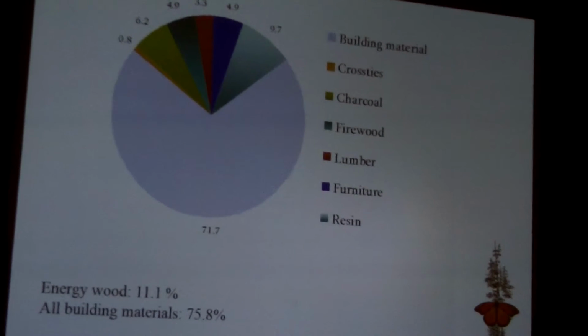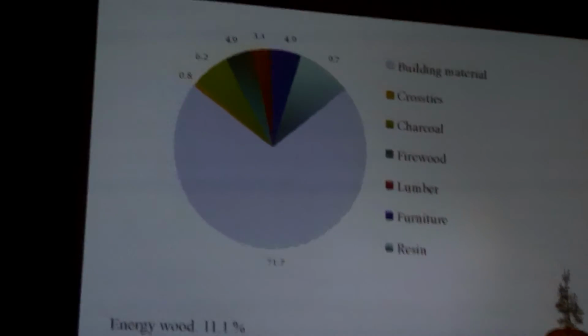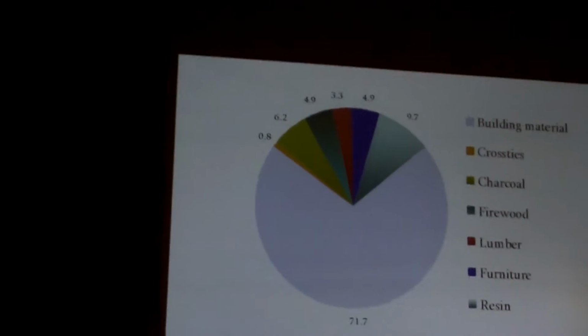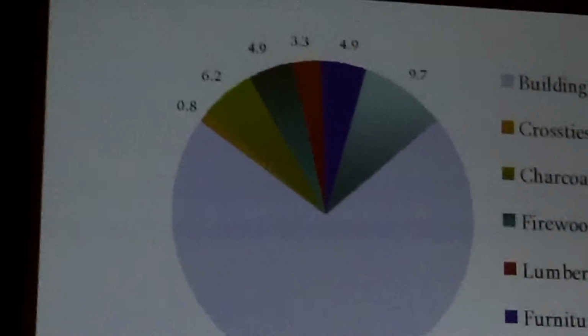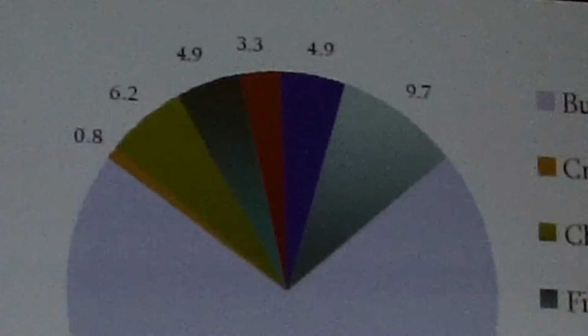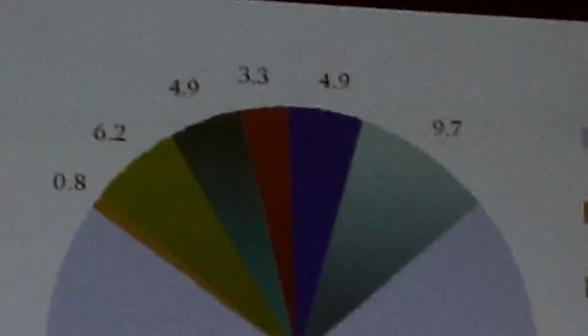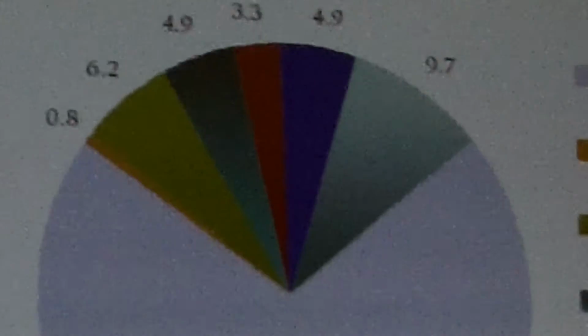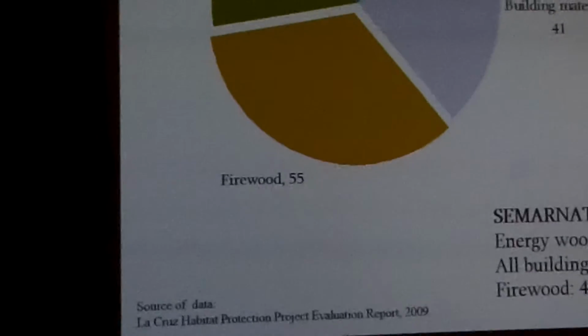So it's like warming up houses and for food, because they still have these stoves where they have to use wood to cook. And 75% is for building materials. So this is, again, a report from this federal agency in Mexico.